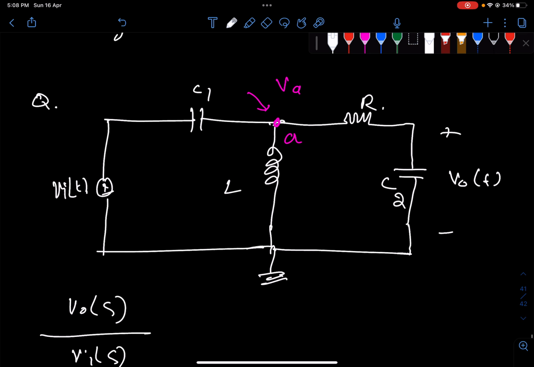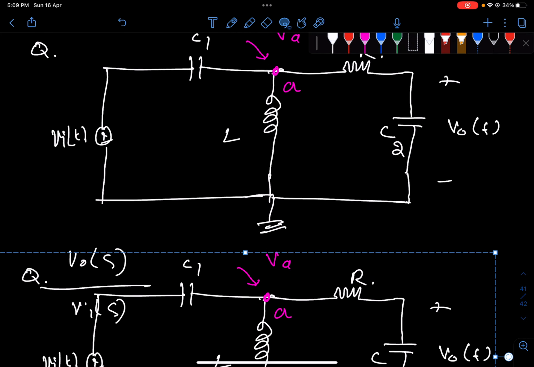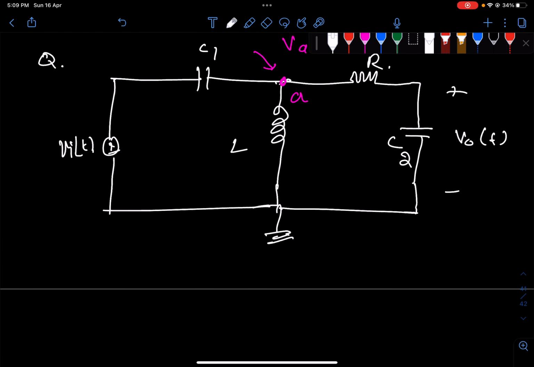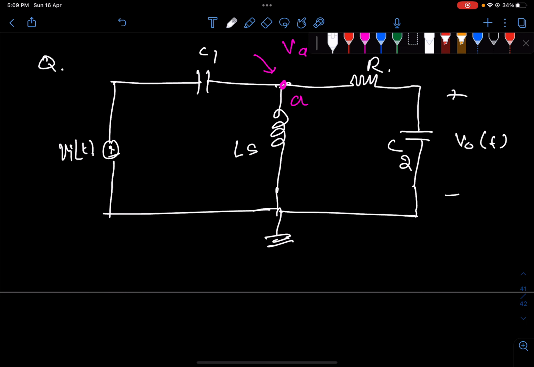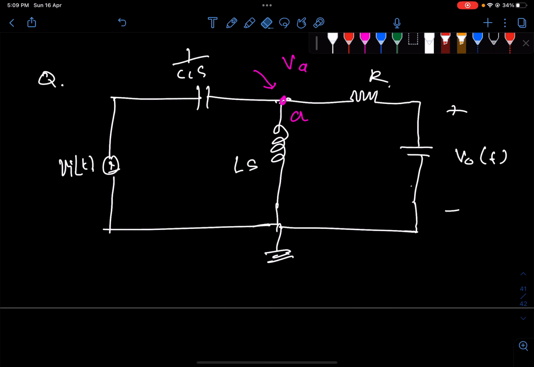And if I convert this circuit to the Laplace domain, how will the circuit look, guys? L will become L times s, C1 becomes 1/(C1 s), R is just R, and C2 will be 1/(C2 s), right? And we just apply nodal analysis at node A and link with whatever equations we can.